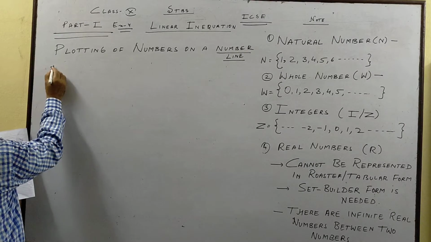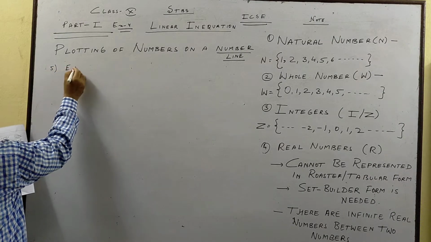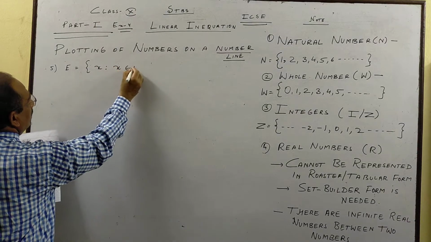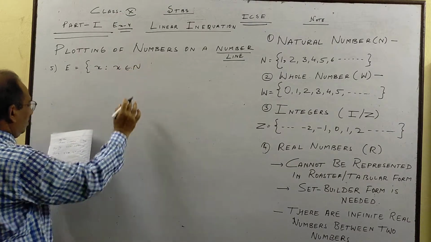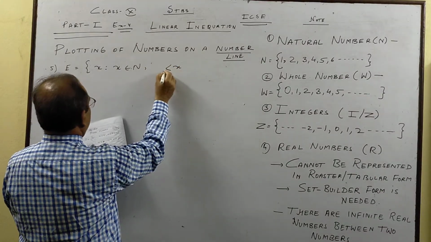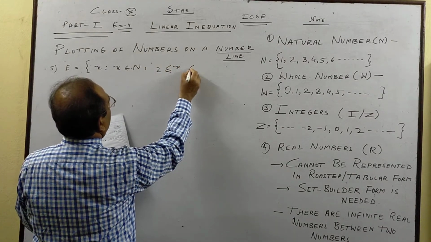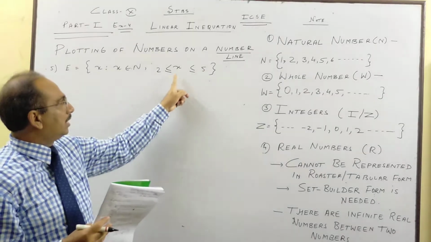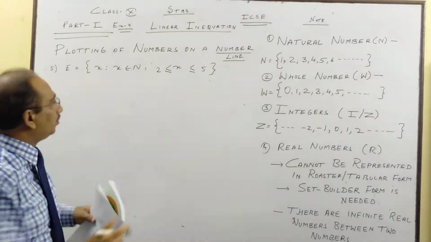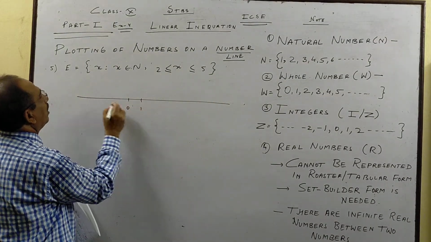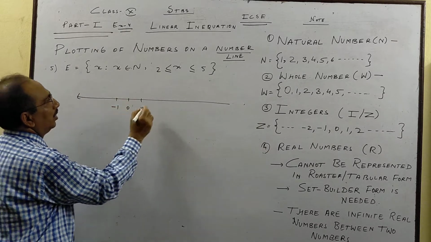Number 5 question is, let x belong to natural number, another way of writing this, x greater than or equal to 2 and less than or equal to 5. See students, here both the signs are greater than or equal to and less than or equal to.